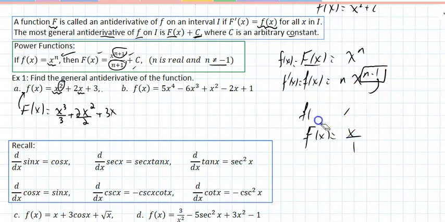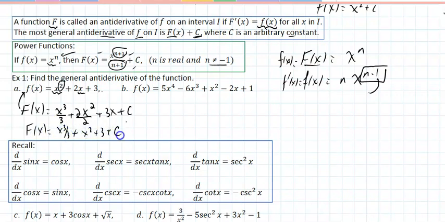Or simply, what do you take a derivative of to get a constant? Well, it has to be the constant times x, and we'll add c. So capital F of x is x cubed over 3 plus x squared plus 3x plus c. I can take a derivative of my answer, and I should get this.